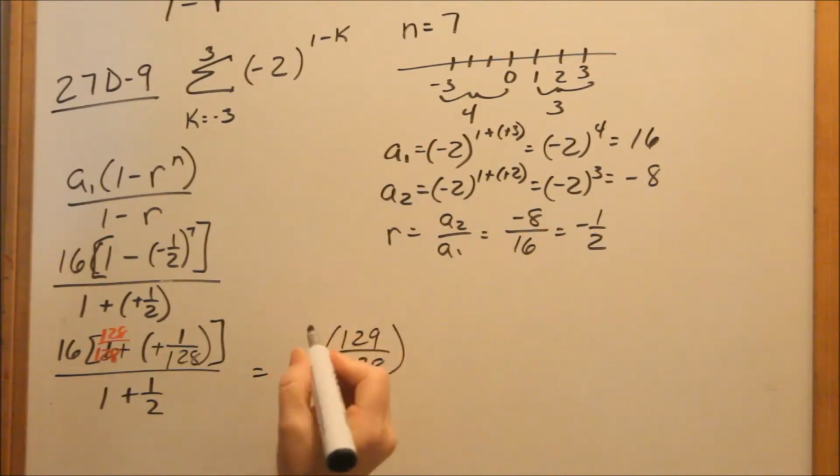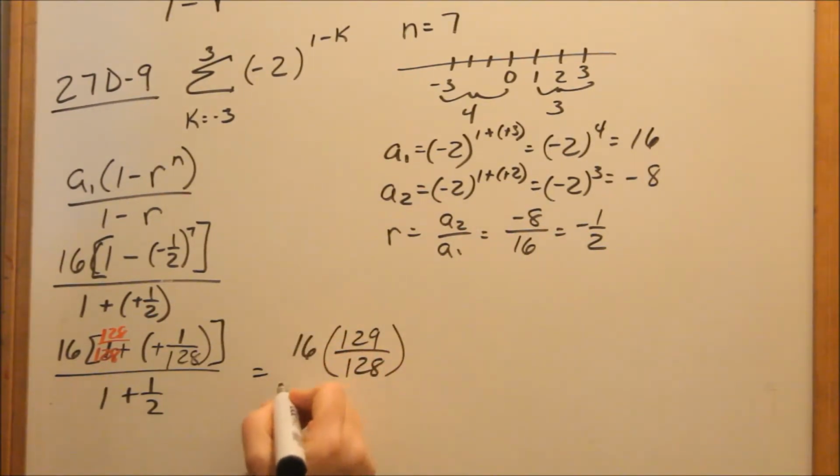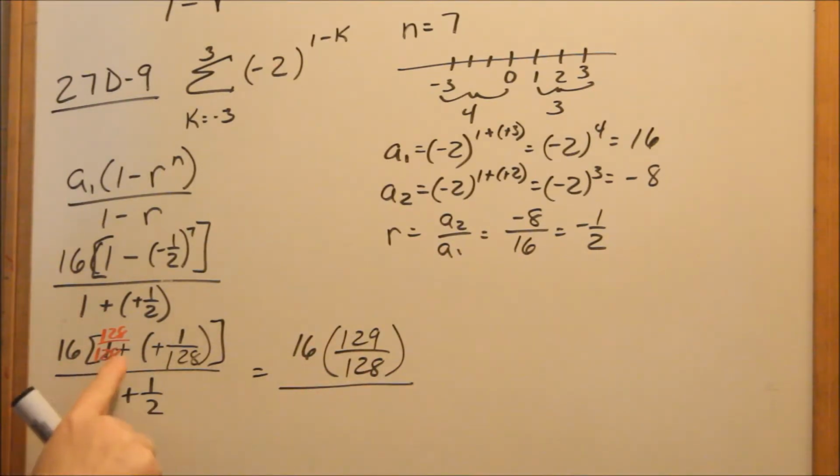That is still all multiplied by 16. Down in my denominator, I also need a common denominator, so that can be 2 over 2. So this would be 3 over 2. Now I'm going to see if this 16 and 128 will reduce.